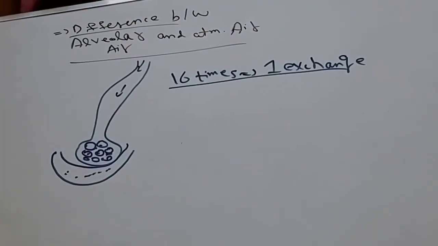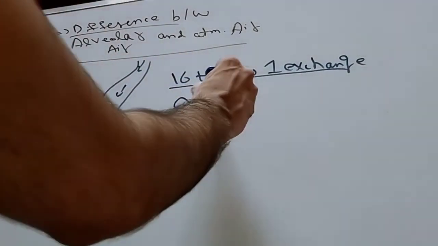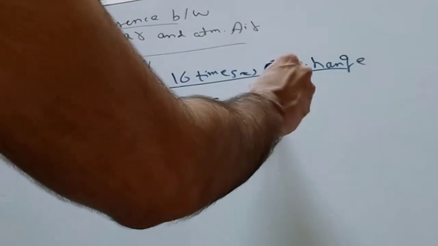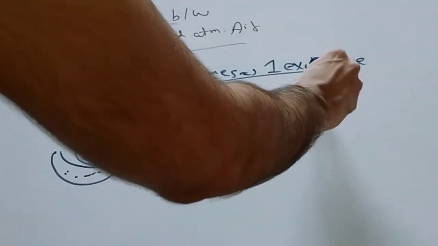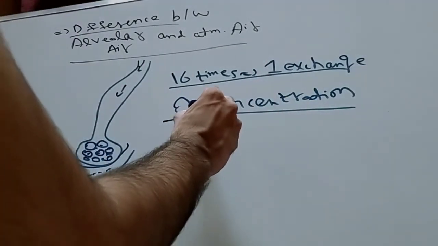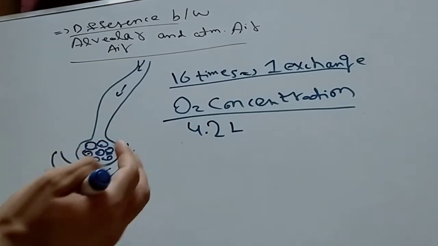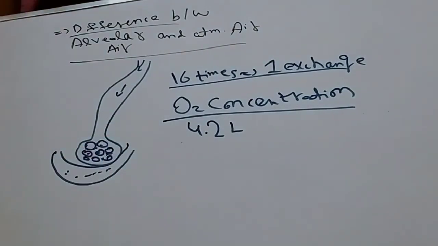Now talking about the oxygen concentration, or partial pressure, in the alveoli. Normally we know that 4.2 liter of air gets exchanged between the alveoli and the atmosphere.